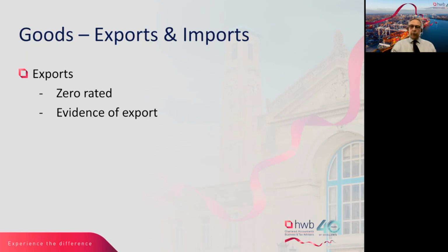That's an important point because you may see on your invoice a supply to, say, a German company, but if the goods don't leave the UK, that's still a UK supply and would be subject to 20% VAT. Similarly, if you've got a collection from you that you know is an overseas customer that will be taking the goods abroad, evidence of the export is really important.